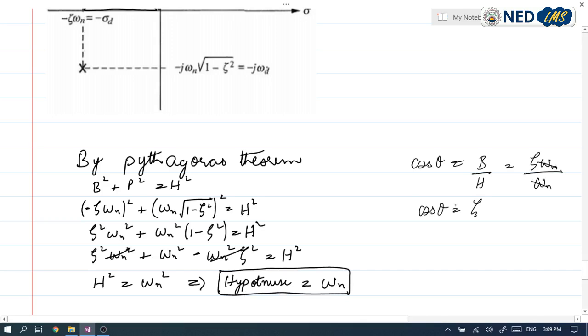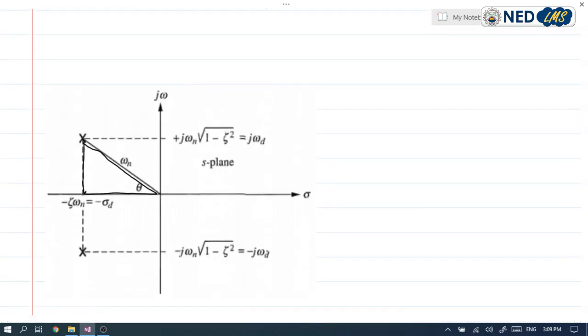and cos of the angle theta will be equal to damping ratio zeta. And here we see that the imaginary part of the pole is equal to omega d and the real part of the pole is equal to sigma d.